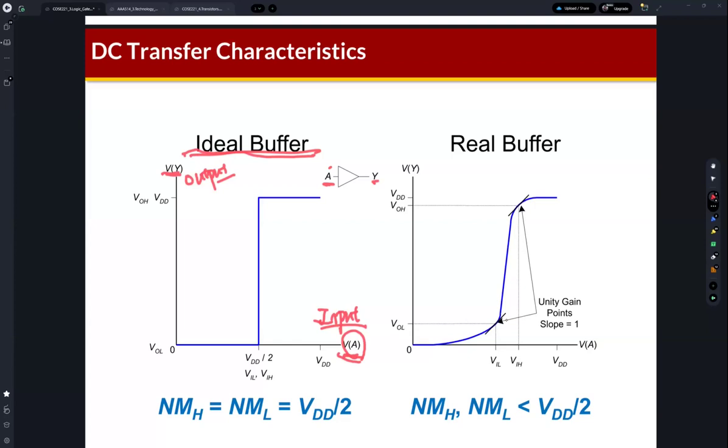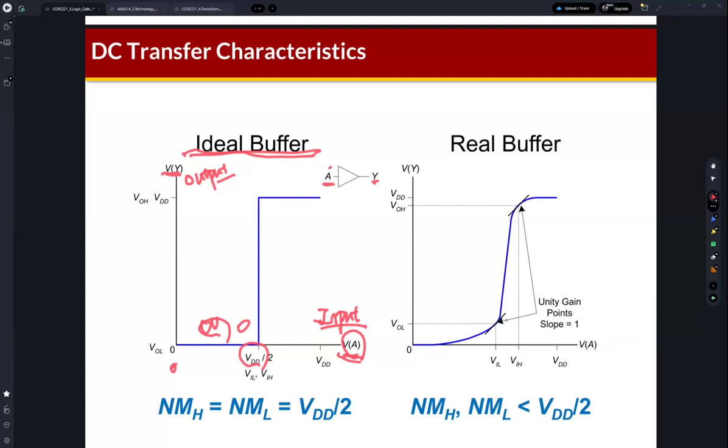So if the input voltage ranges from 0 to half of VDD, right, then the output is perfectly ground. It's 0 volts.